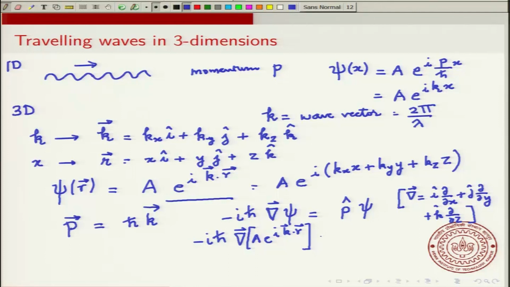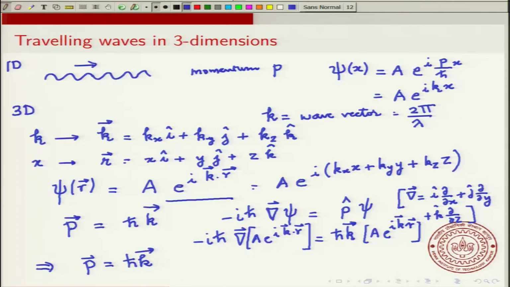You can show that this is exactly equal to h cross k vector times A e to the i k dot r. So this implies that the eigenvalue of momentum is equal to h cross k.